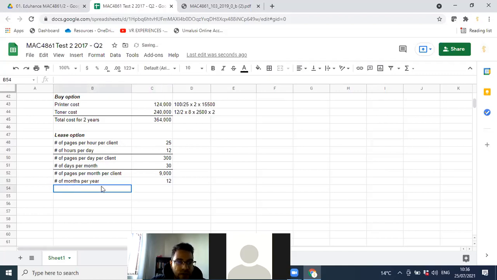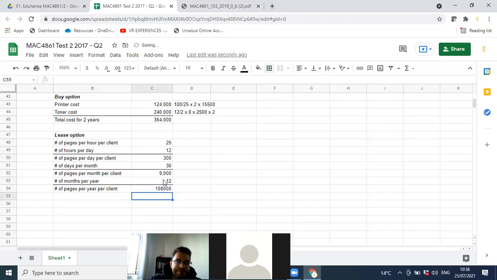So therefore, the number of pages per year per client is going to be that multiplied by that.